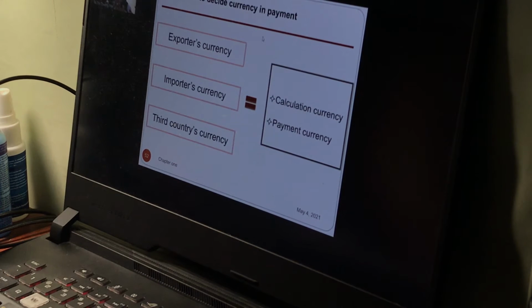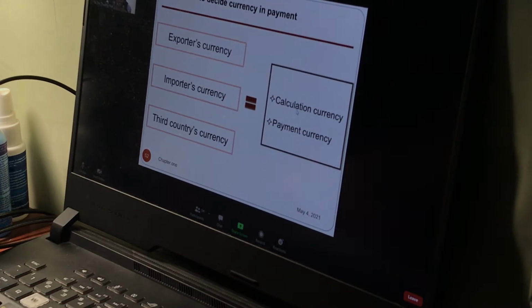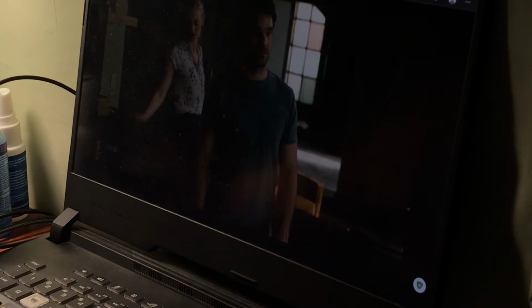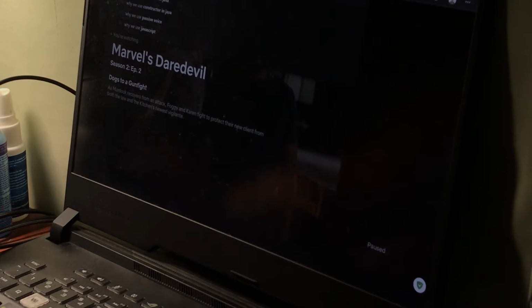We often use Japanese yen. We often use euro. We often use some. Okay, so what are the factors that determine that currency term? Okay, two more questions. Now it is 10:15. I think 4 minutes for 2 questions.